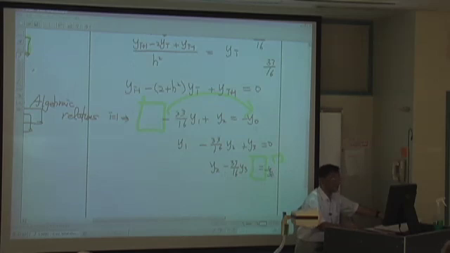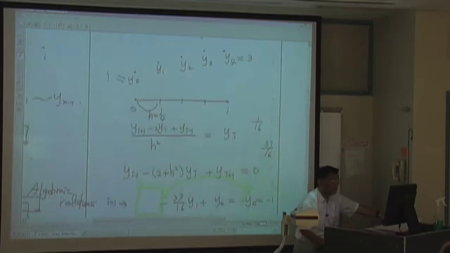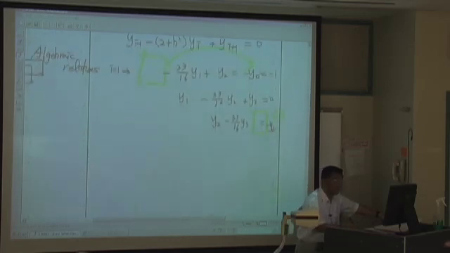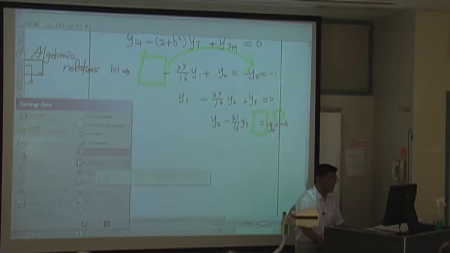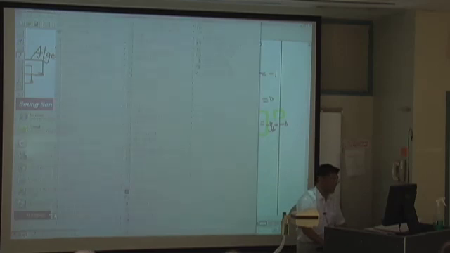And y0 happened to be 1. y4 happened to be 3. So I create this system. The only thing we need to do is solve this system for y1, y2, y3. So I will ask MATLAB to calculate the result.